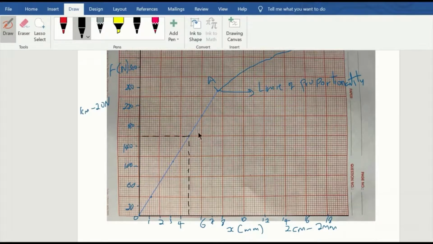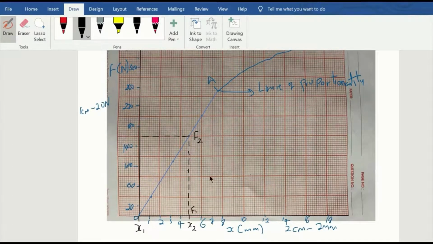It's my gradient. Here's my F2, which is 160, and here's my F1, which is 0. Then here is my 4.8, which is my X2, and here is my X1. So from this now, we can find the value of our gradient.